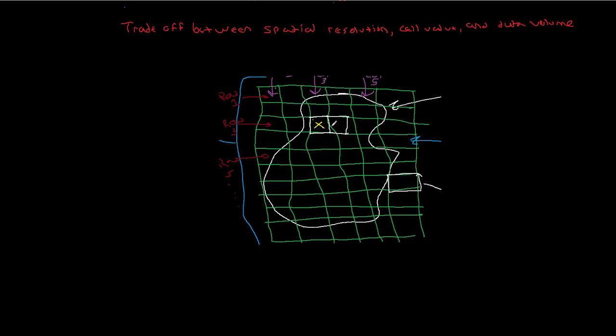If we break it into something half the size, each one of these is half the length of one side of the original, right? Now we've broken it into 4 pixels, each with different pixel values representing the area of this smaller pixel.